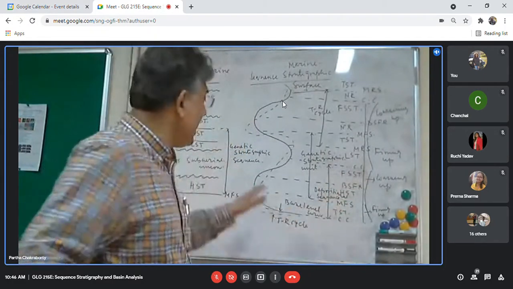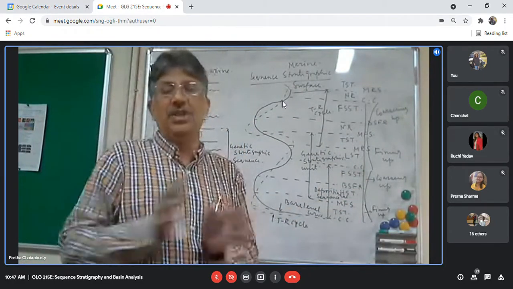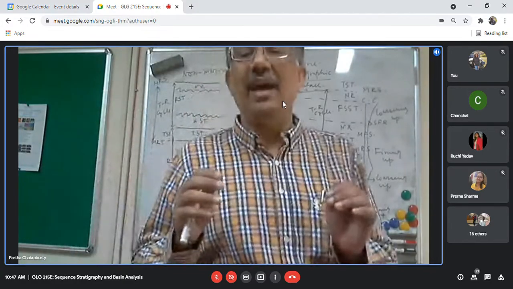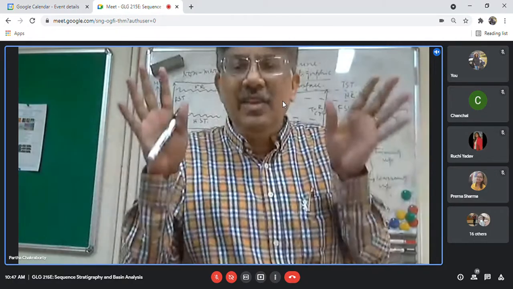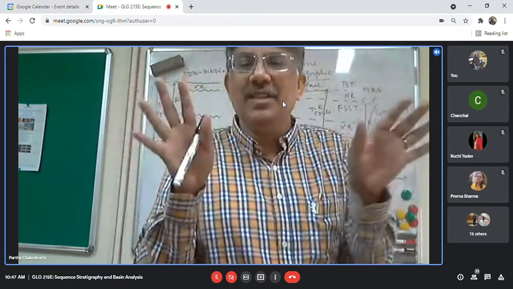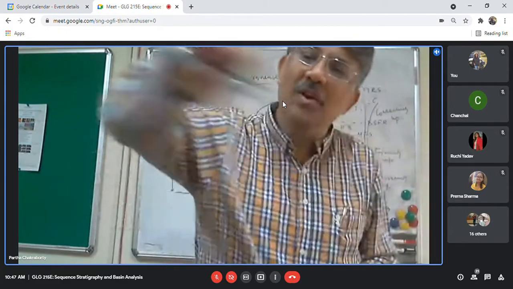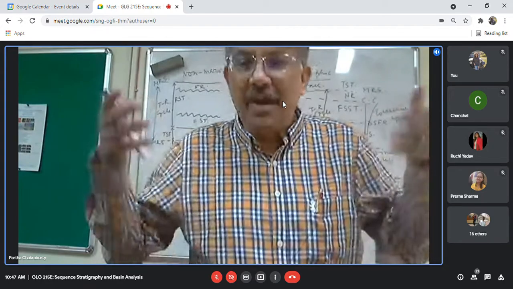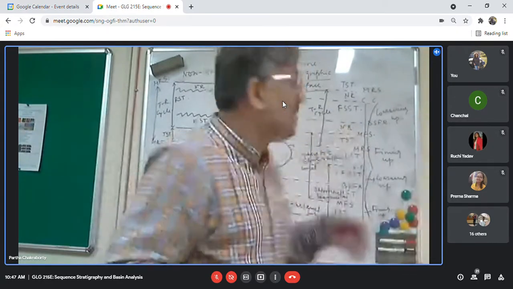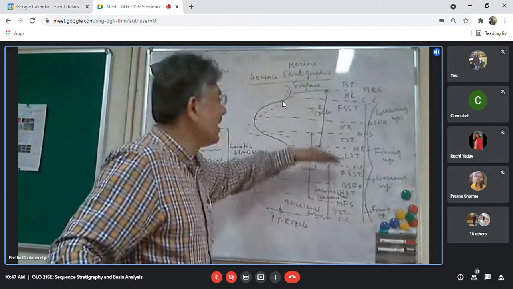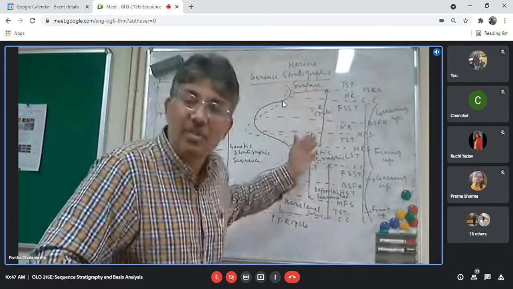If there is a very predictable change, where the sea level change and the sediment supply are in equilibrium and governing very systematically, all the factors in tandem, then you get this situation with the different surfaces developed.